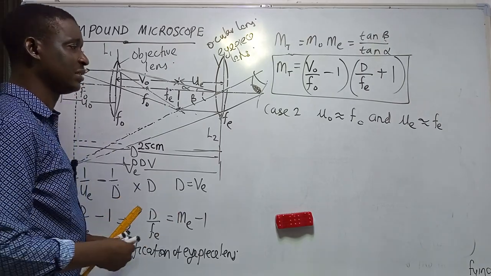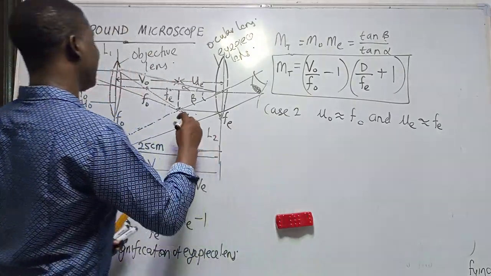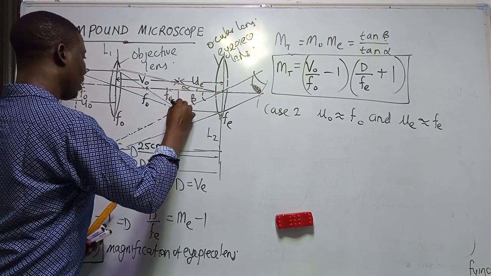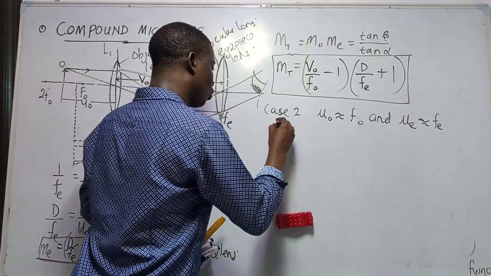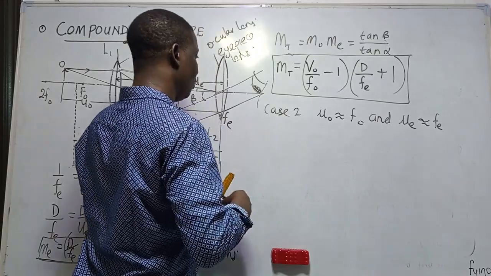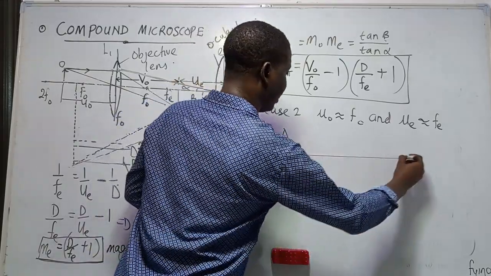What will happen to it? Now, if you have that, let's assume that we now put this particular image here. Look at what I'm saying. Let's say we have a rough sketch like this.